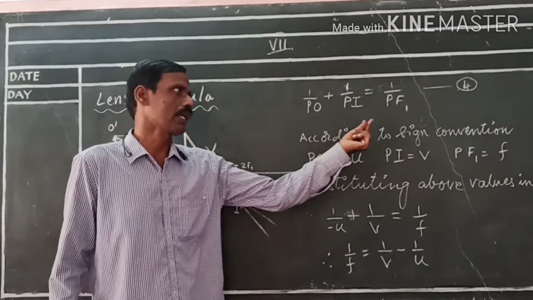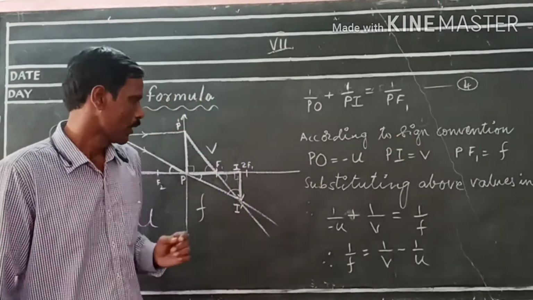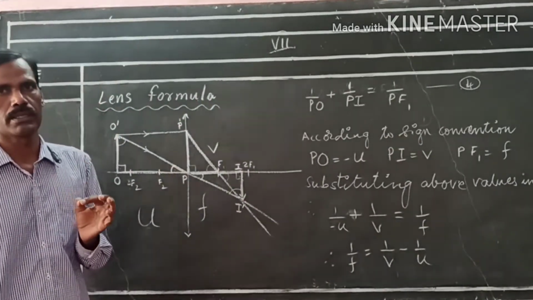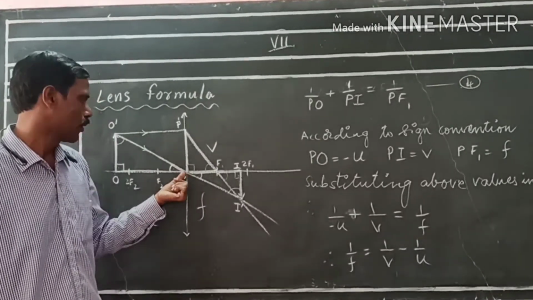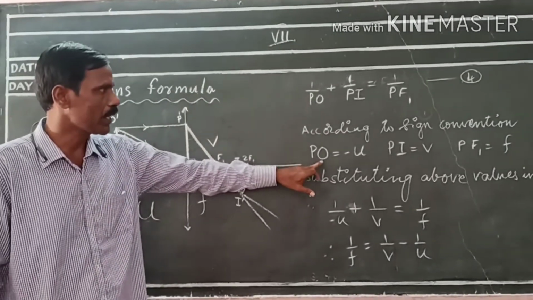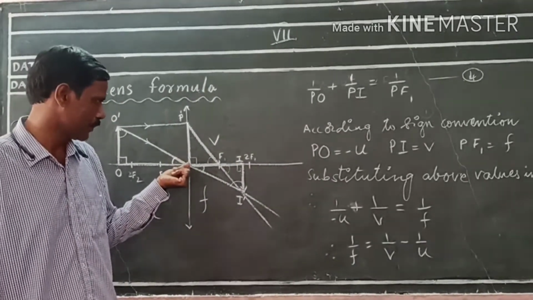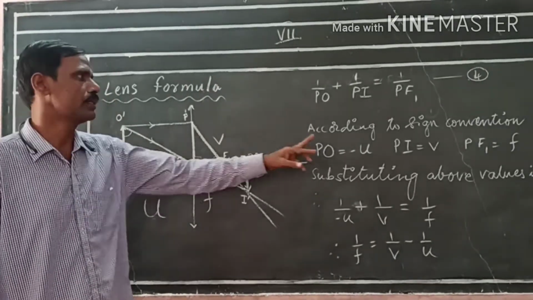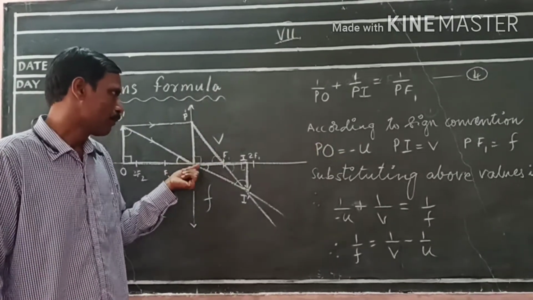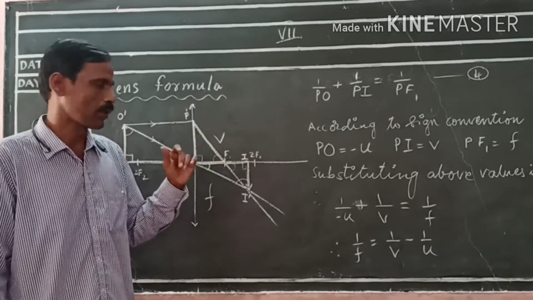According to sign convention, all distances are to be measured from the pole only. That's why we wrote PO, taking P as the main center.